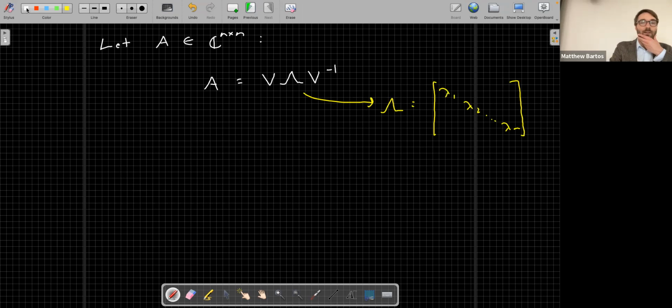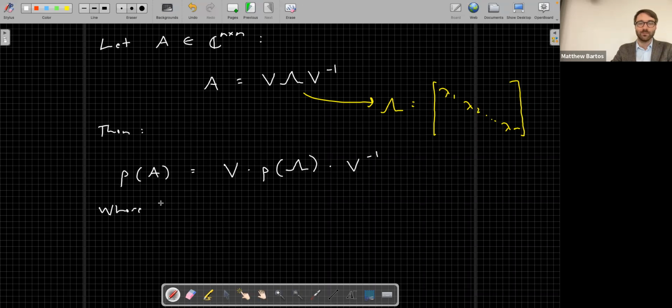Then if we have any arbitrary matrix function P of A, where P is just some arbitrary function, this is equal to V times P of lambda times V inverse, where P of lambda is just the function applied to each one of those eigenvalues.